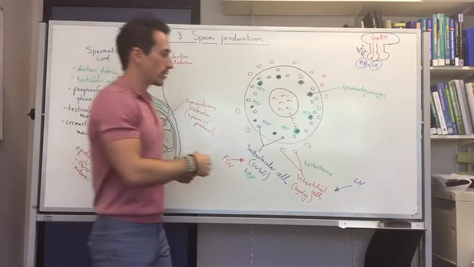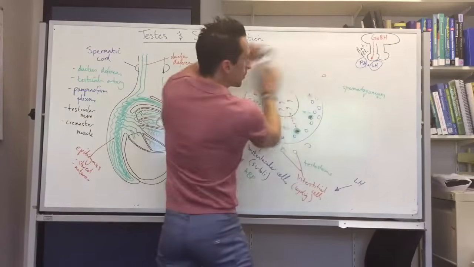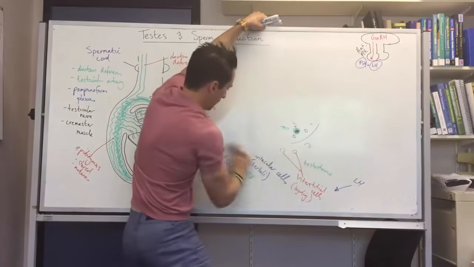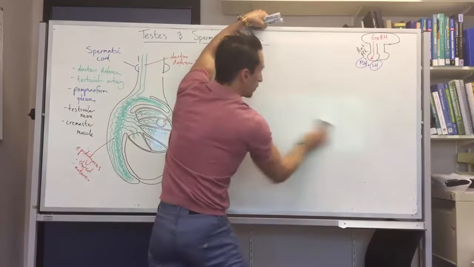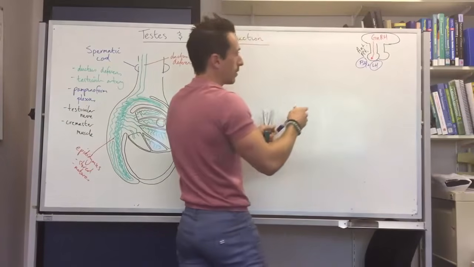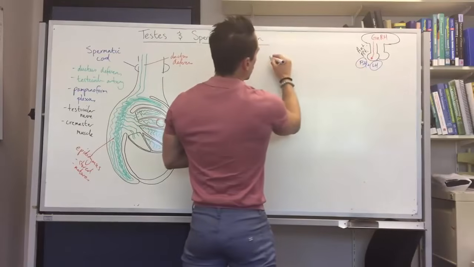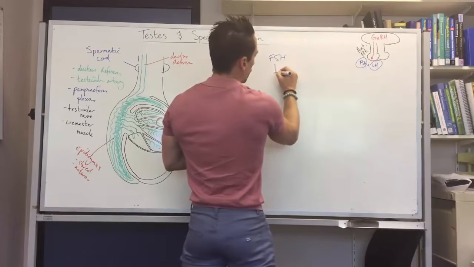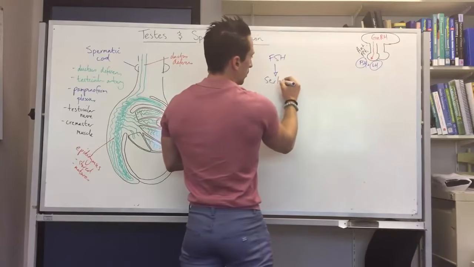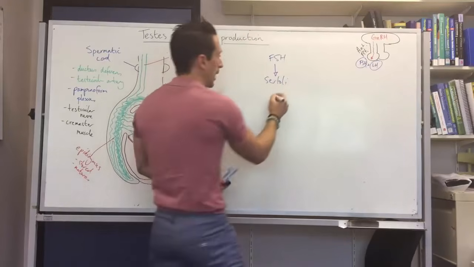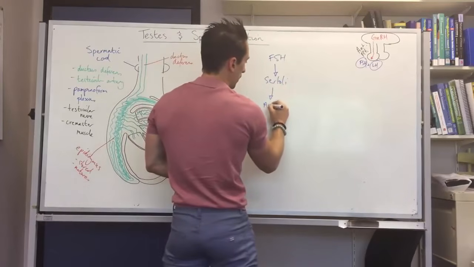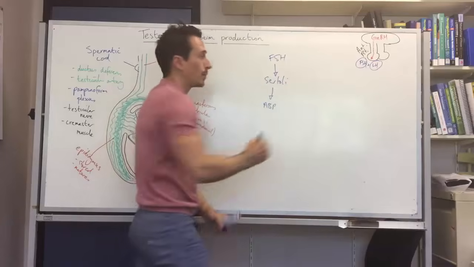So, just to summarise this particular part here. Follicle stimulating hormone stimulated Sertoli cells, and the Sertoli cells released ABP.